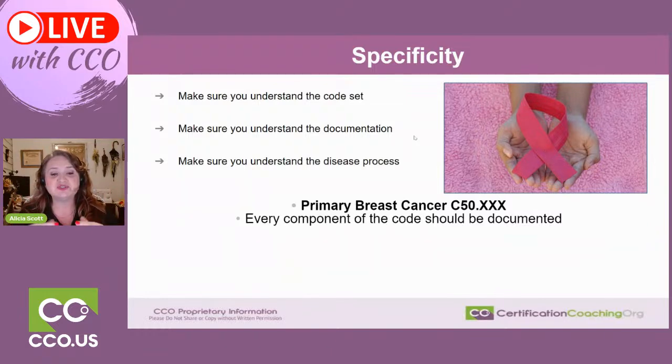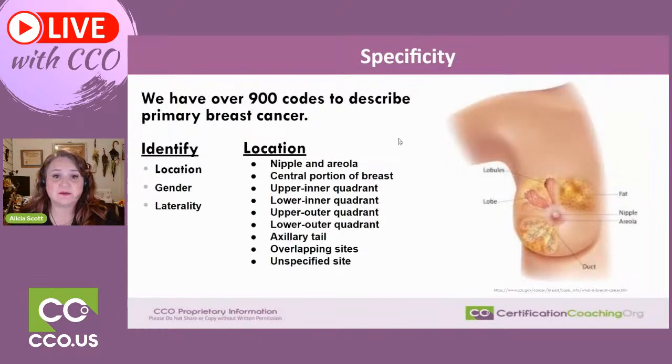And we want to make sure that we unpack that and fill every single one of the characters that's possible through the documentation. If you didn't know, and this may blow your mind, there's over 900 codes to describe primary breast cancer. And the reason is we have to have the location.